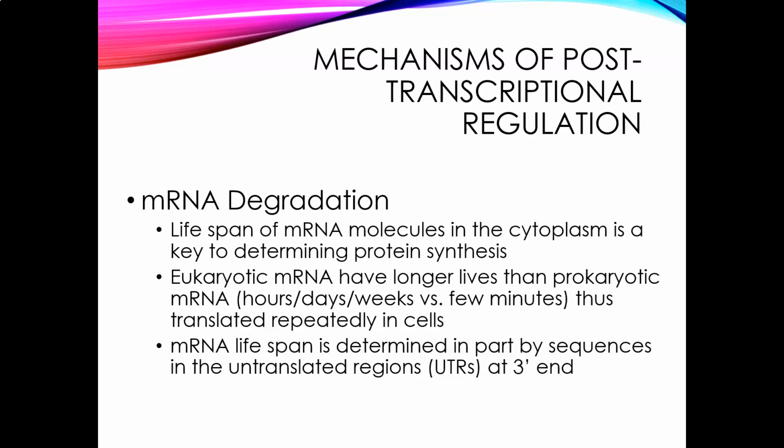So when we look at messenger RNA sequences, the lifespan is actually determined by part of the sequence that is in that untranslated region at the 3' end, what we call the 3' UTR, UTR standing for untranslated region.